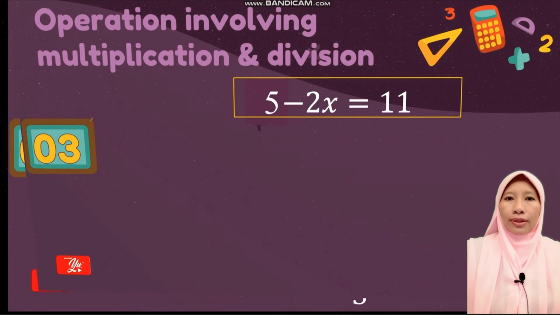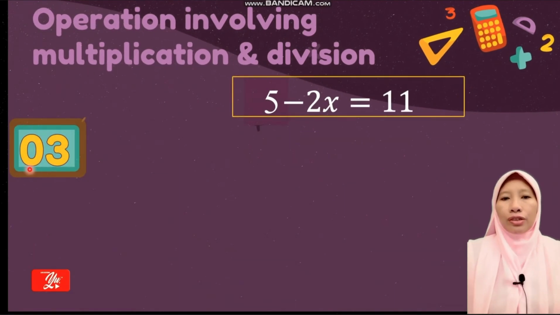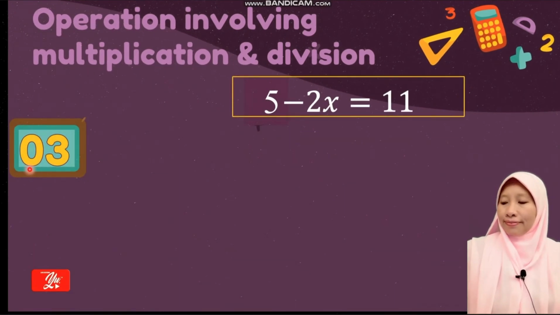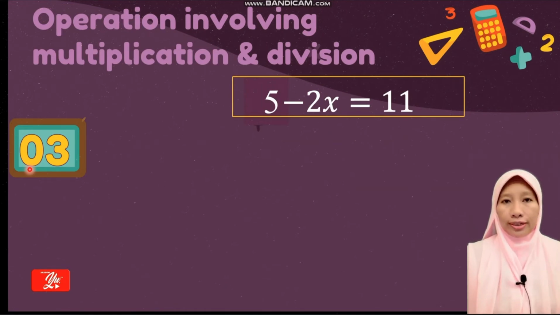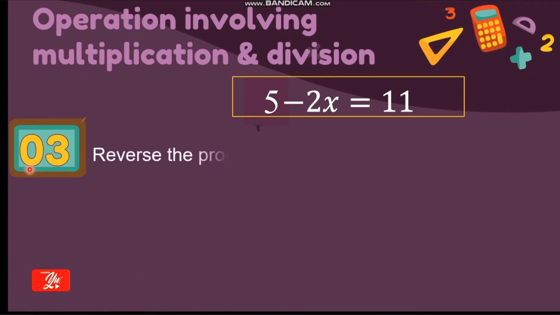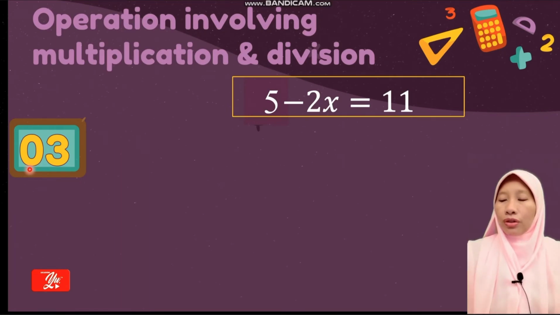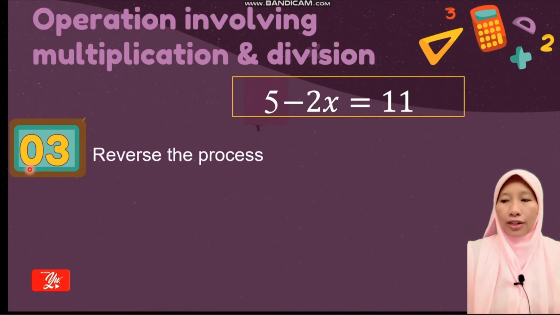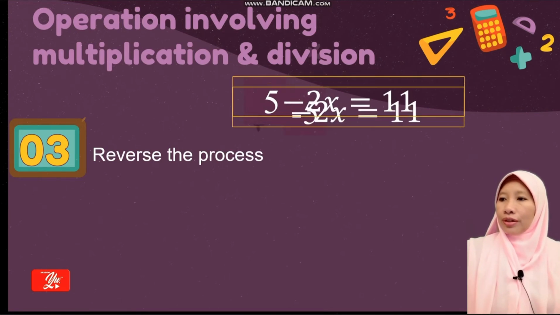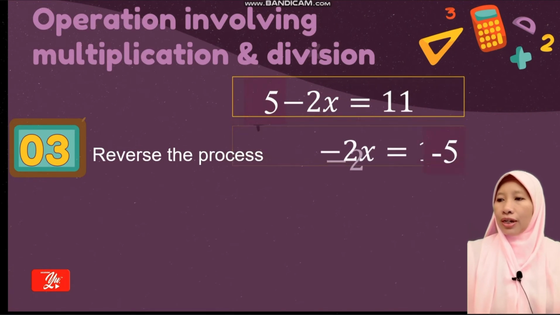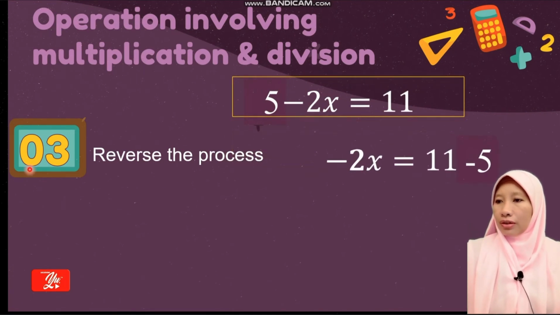Alright, let's look at question number 3. We have 5 minus 2x equals 11. Now reverse the process. In BODMAS, we multiply 2 and x, and then we add 5 equals 11. So when we reverse, we deal with the positive 5 first. 11 minus 5, leaving us with negative 2x on this side.